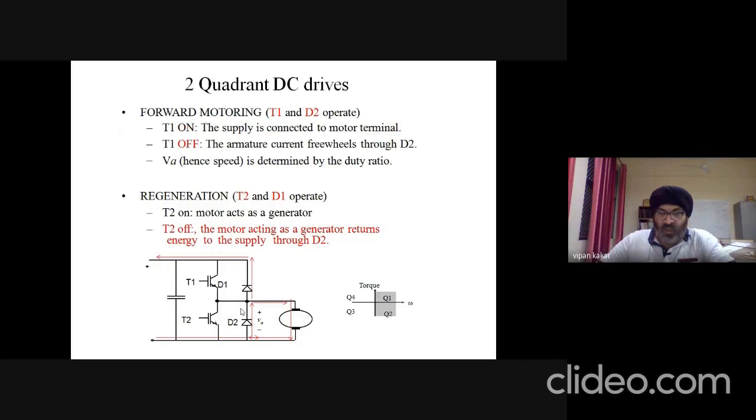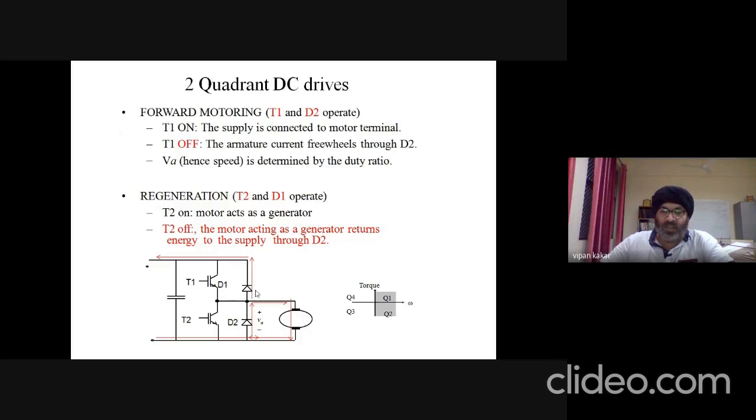So now when T2 is turned off, this supplying back of the energy will follow through D1. This is D1. So the energy or current is supplied from the motor back into the supply through D1.